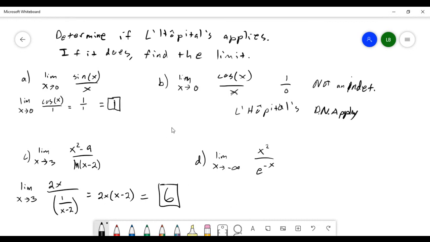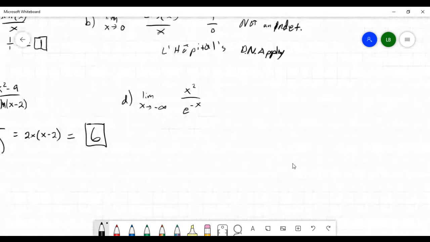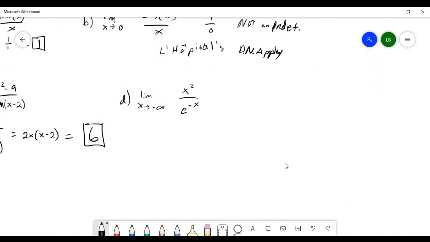And lastly, for E, if we plugged in a number close to negative infinity, we can see that this is approaching infinity over infinity. So that means that L'Hopital's does apply, and we can take the derivative.